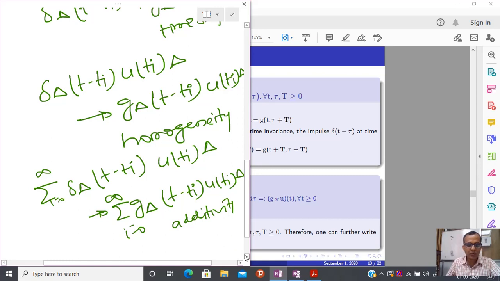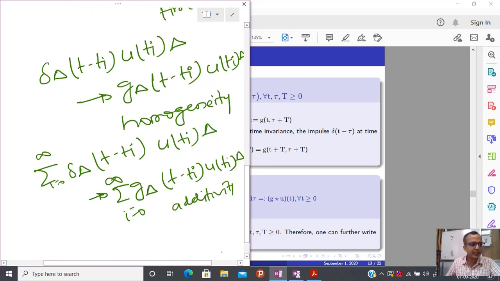And now what you can do is replace this summation by assuming that delta tends towards 0. Delta is very small, so from here you can see that this summation is converted into a continuous summation, that means a continuous integral.